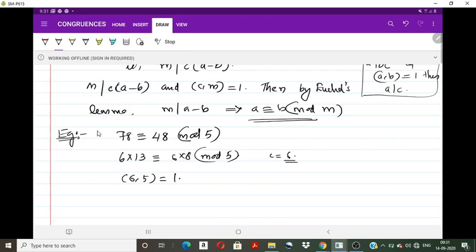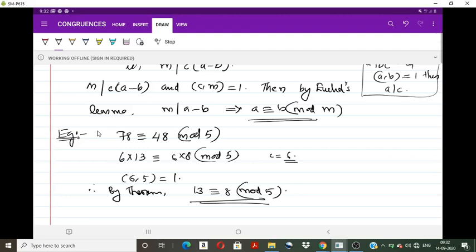The GCD is 1. By the above theorem, we can cancel 6 and write the congruence as 13 congruent to 8 modulo 5. Actually, we can use this cancellation property for reducing higher congruences into some lower numbers, into some least congruences. So this is a very important property of congruences.